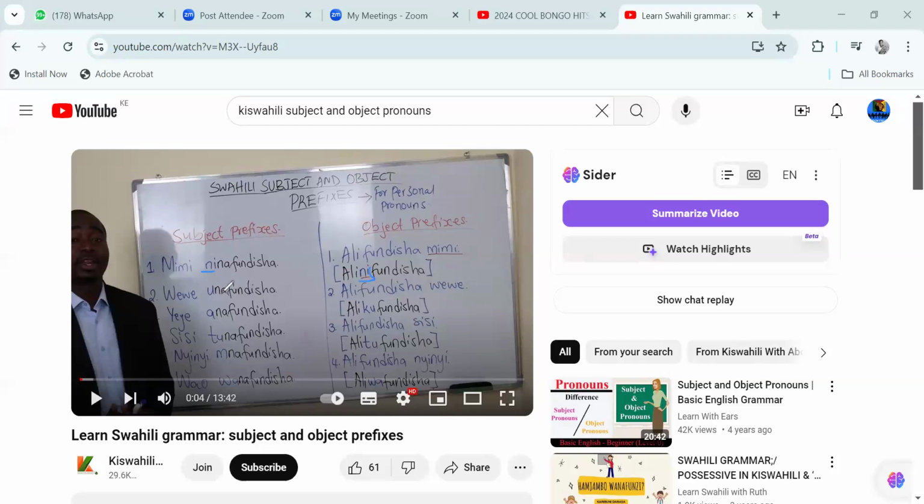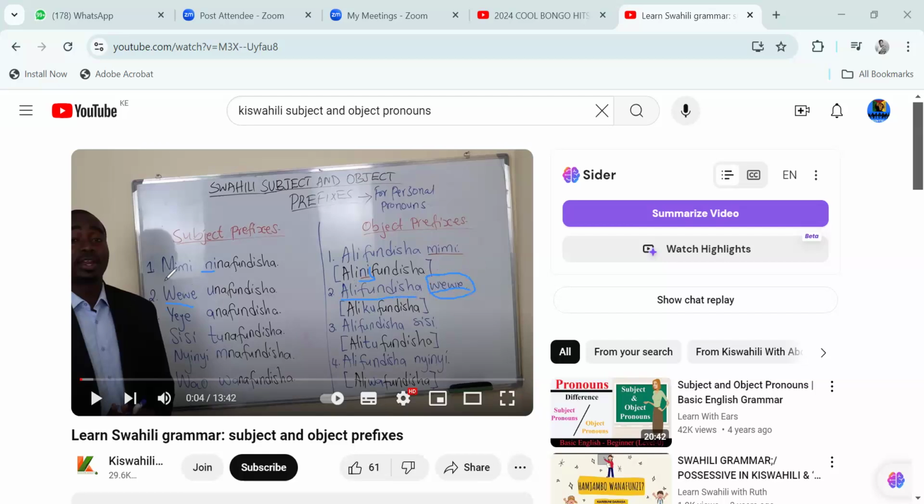The second point is wewe, which is the second person pronoun. In the subject part, wewe becomes the first word, which is wewe unafundisha. You are teaching. But here is alifundisha wewe, which means he taught you. So see the you here is coming as the last part of the sentence.